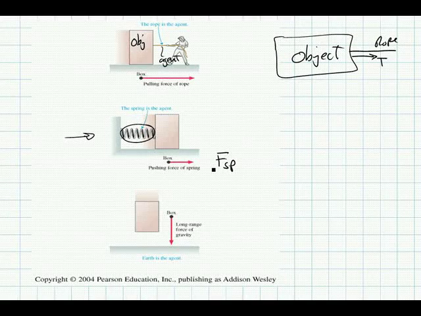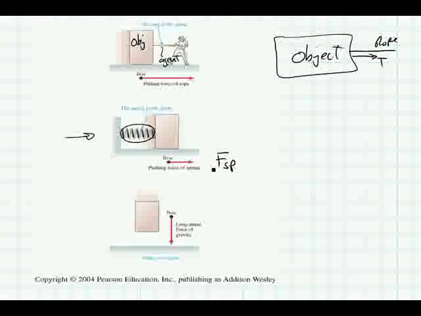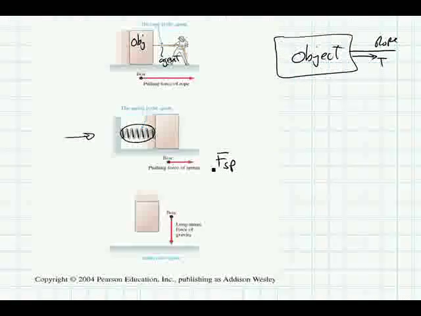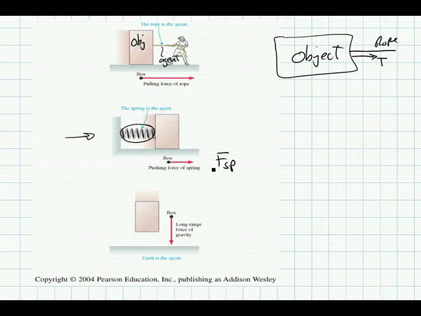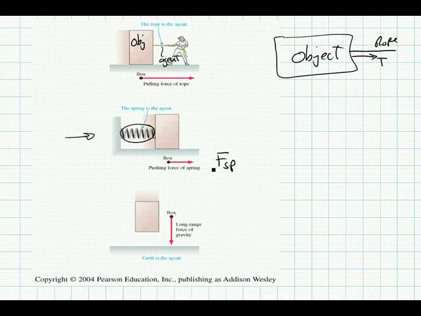If the block were not in contact with the spring, of course we would not have a spring force acting on the block. So if you have a plunger which shoots a ball up in the air, while the ball is in contact with the spring, there is a spring force acting on our object, the ball.